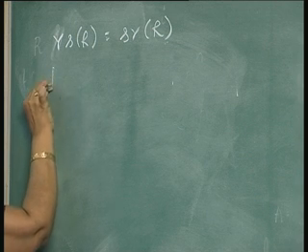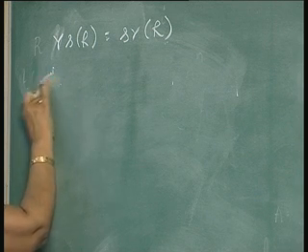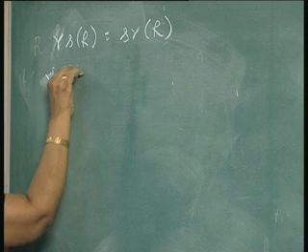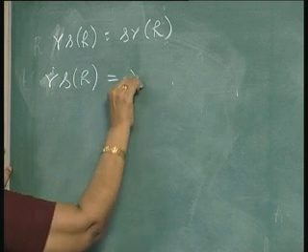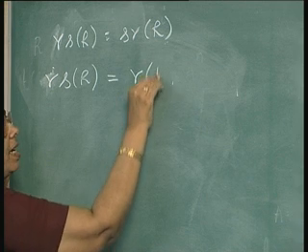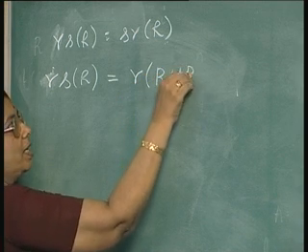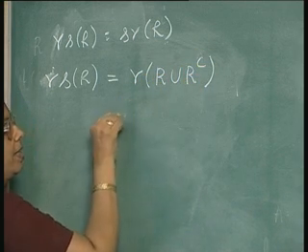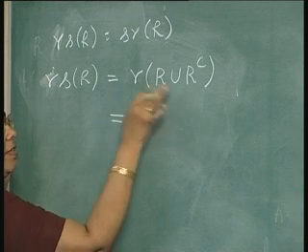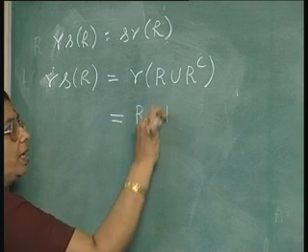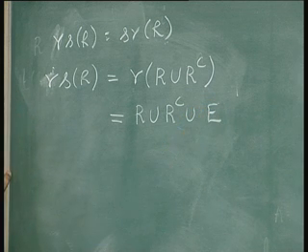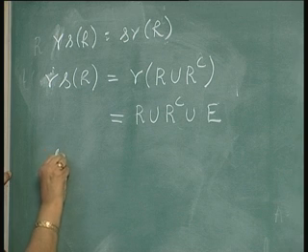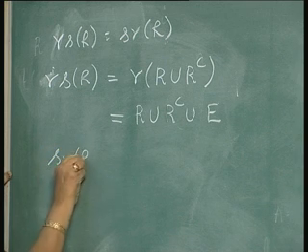So, what is R? Okay, I will write R like this. RSR is equal to the reflexive closure of SR. What is SR? SR is R union R^C, and the reflexive closure of that is R union R^C union E. You are adding the equality relation. Now, what about the symmetric reflexive closure of R?